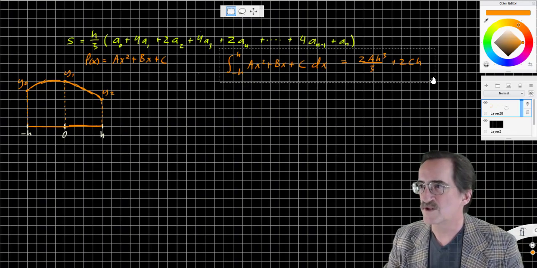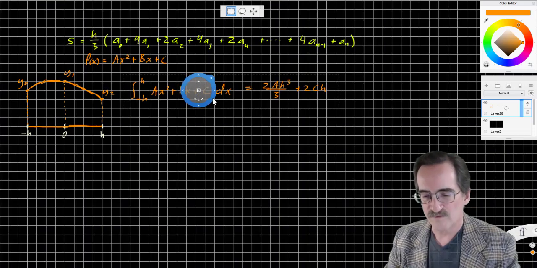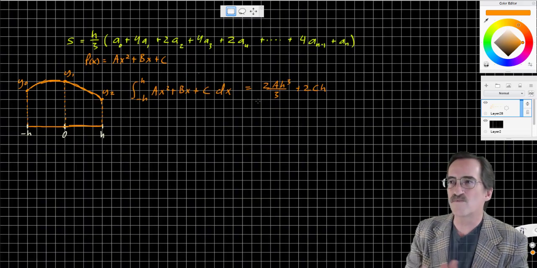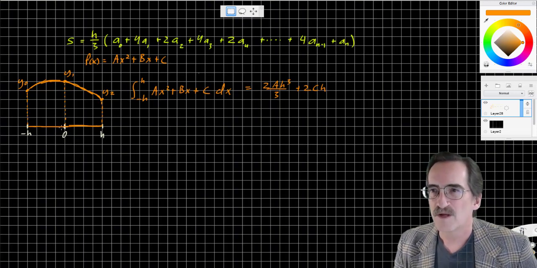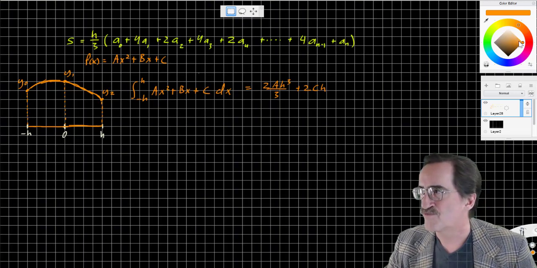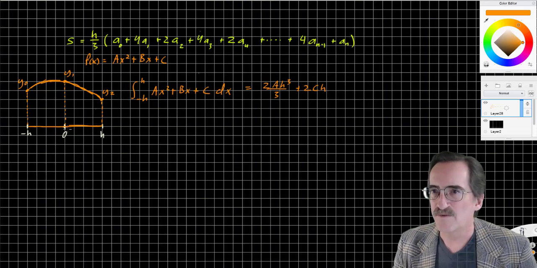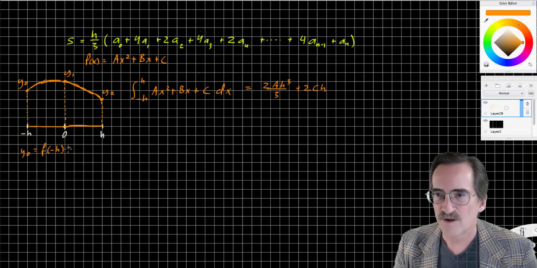Let's move things around. The integral from there. I want to rewrite that integral in a different form. So let's figure this out. I want to figure out what y0, y1, and y2 are in terms of f of x. y0 is going to be f of negative h, right?